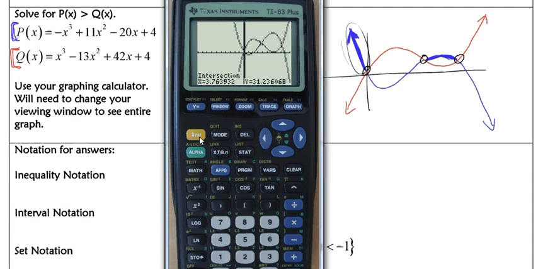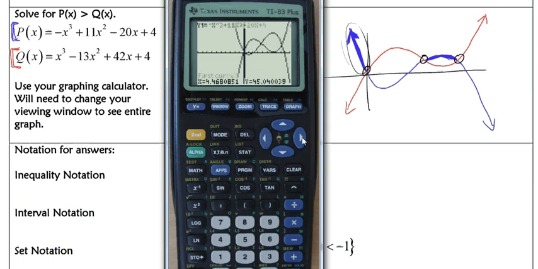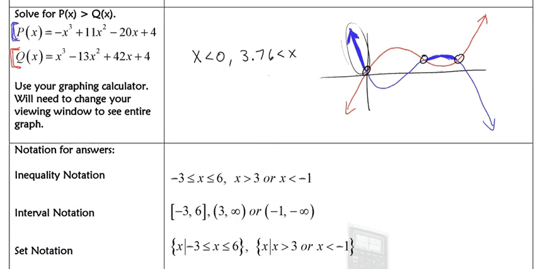Our last point of intersection is going to be at 8.2. All right, 8.2.